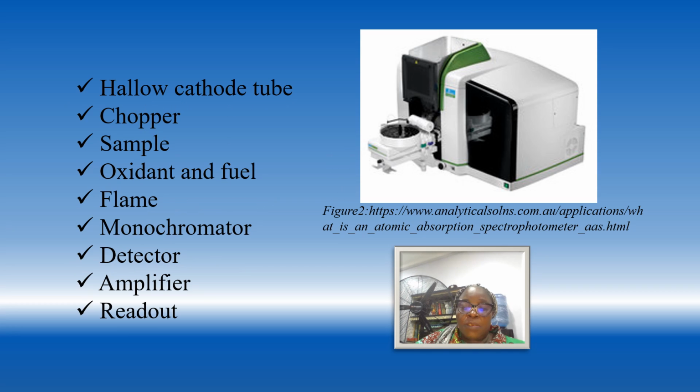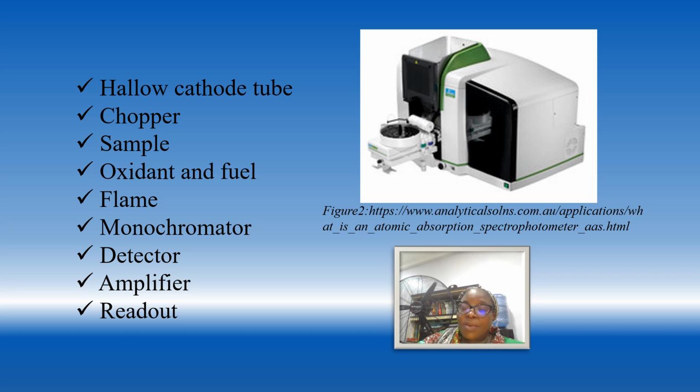So, in summary, the different components of the AAS are the hollow cathode lamp, the chopper, the sample, the oxidant and fuel, the flame, the monochromator, detector, amplifier, and readout devices.